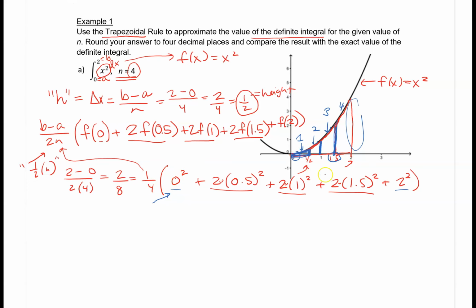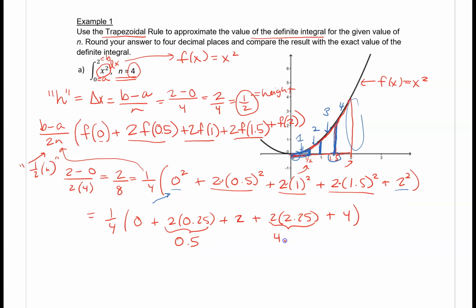So then I just evaluate all of this and multiply it by 1/4. So that'd be 0 plus 2 times 0.25 plus 2 times 2.25 plus 4. So this here would end up being 0.5. That here would end up being 4.5.